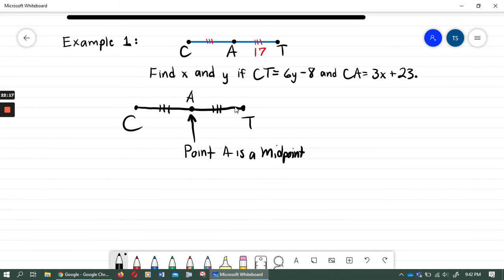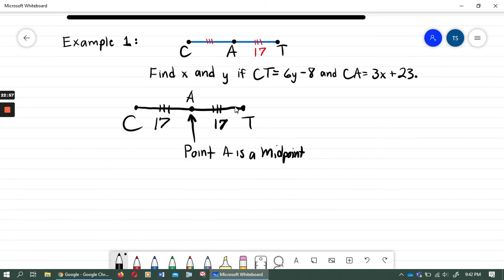Where they told us that this part here was 17, if this part is 17 and this other part is congruent to it, and we talked about the fact that parts of a geometric figure are only congruent if they have the same measure, then if the length of one of them is 17, the length of the other one has to be 17.